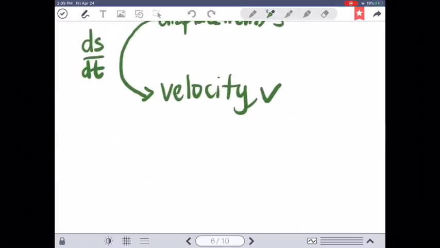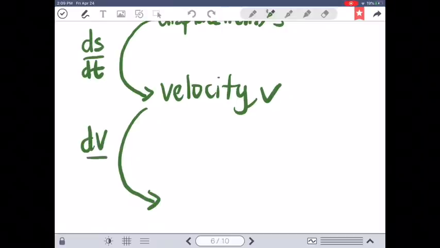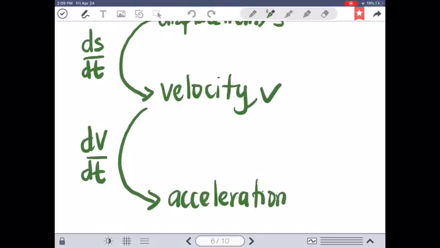The rate of change of velocity over time, if we differentiate velocity, we will get acceleration a.